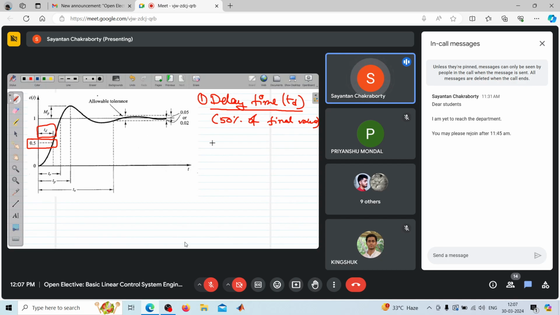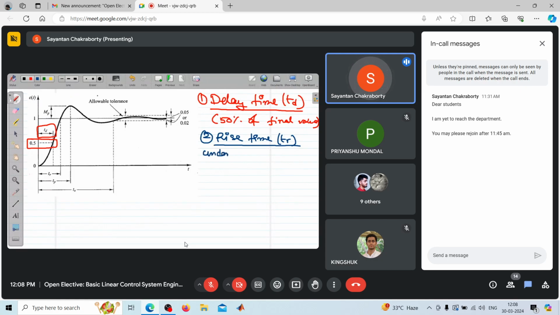Next, rise time. What is rise time? It is the time required for the response to rise from 0% to 100% for the first time.